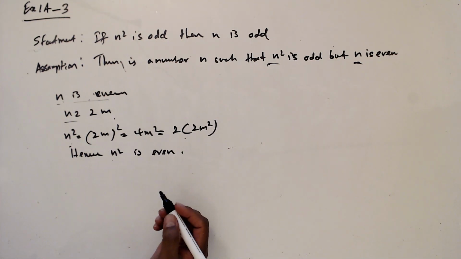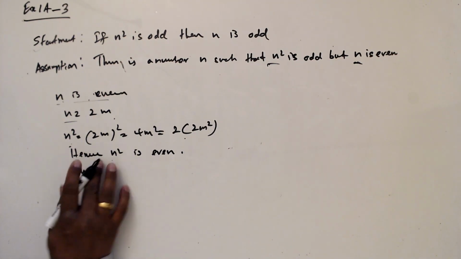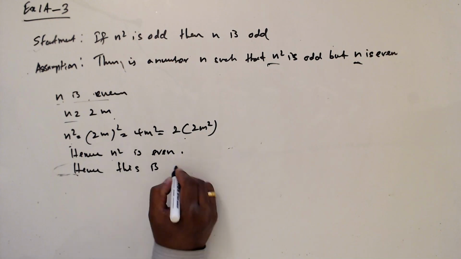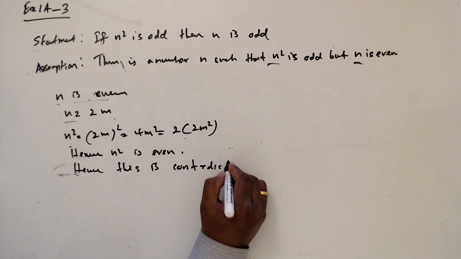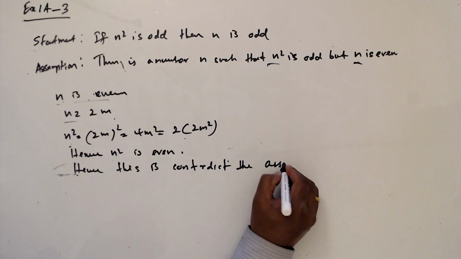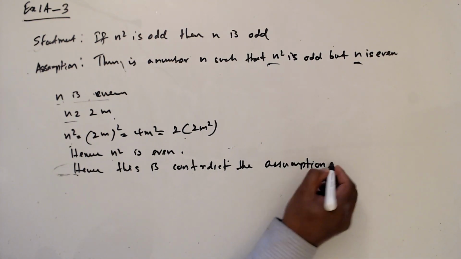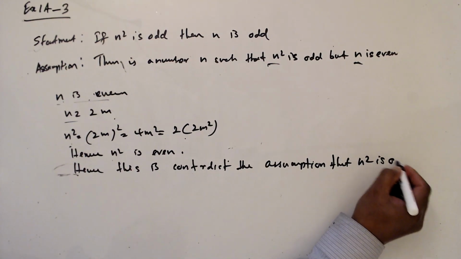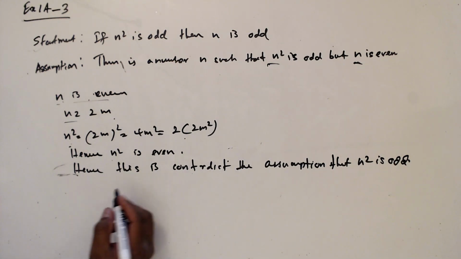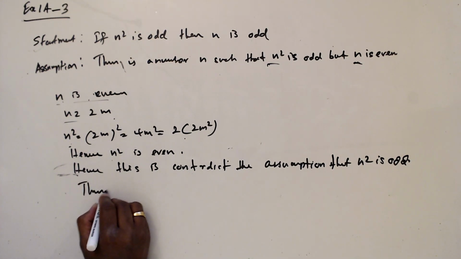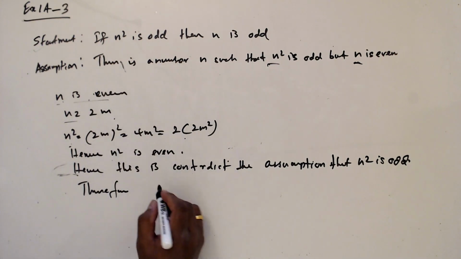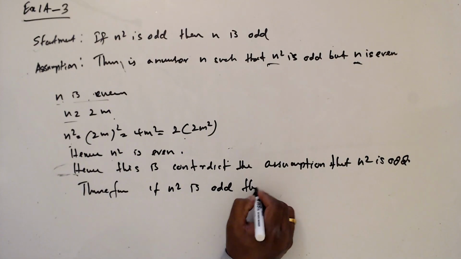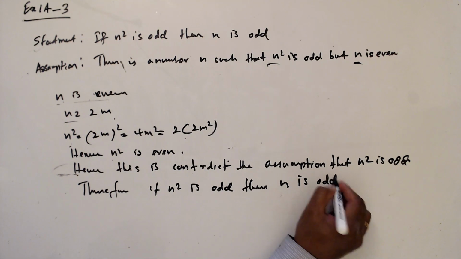So this contradicts the assumption that n square is odd. Therefore, if n square is odd, then n is odd.